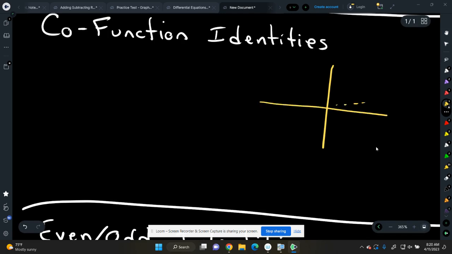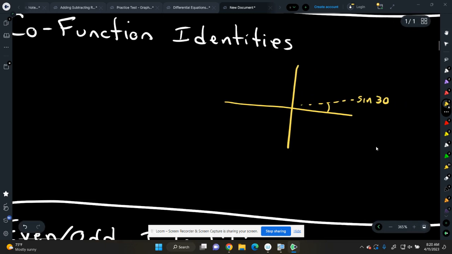What is the sine of 30 degrees? Sine of 30 degrees. 1/2, yes. Okay. What is the cosine of 60 degrees?